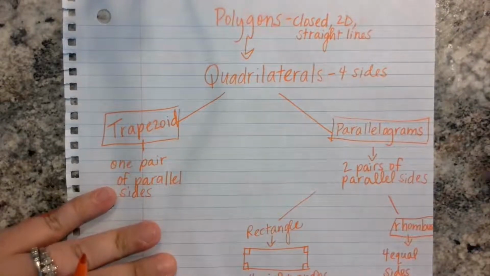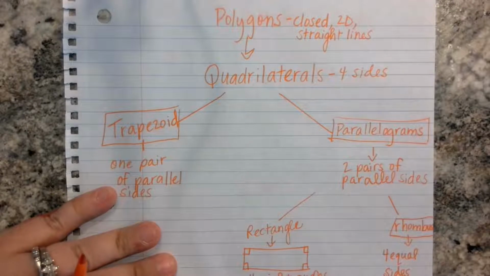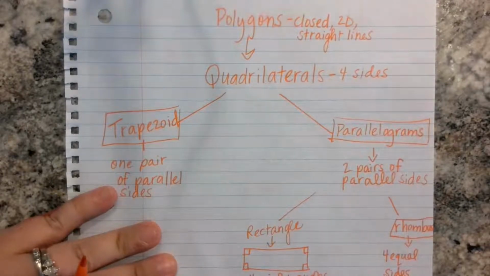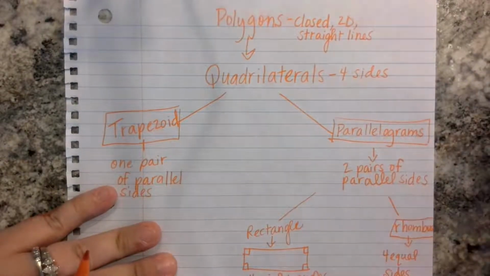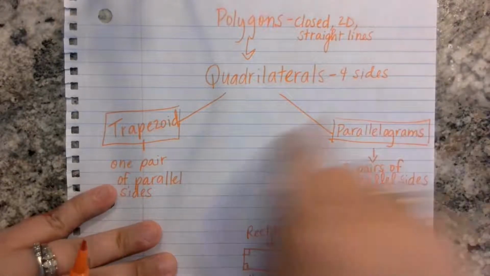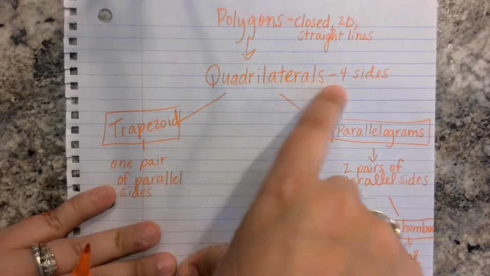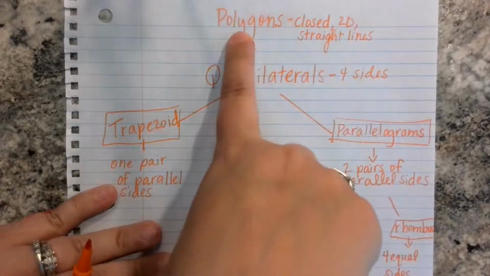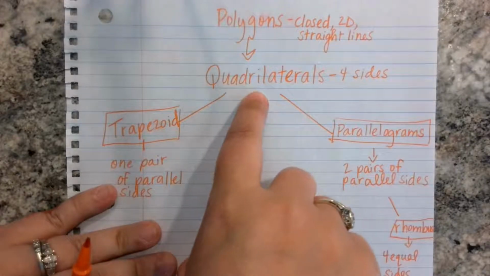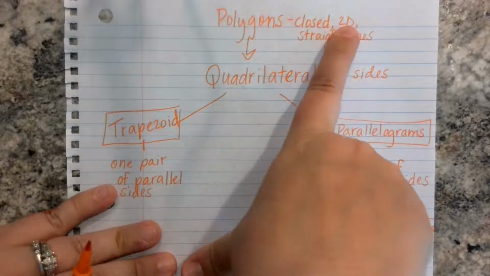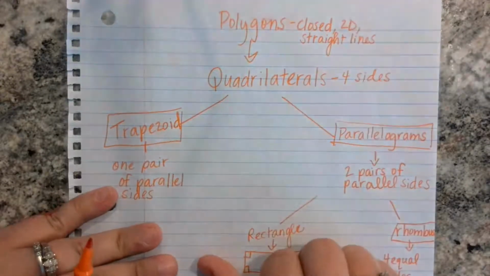So triangles, quadrilaterals, pentagons, hexagons, heptagons, all of those are named by how many sides they have, okay? Then we can get even more specific and we can talk about quadrilaterals. So that is any four-sided polygon. So it's a four-sided figure that is 2D, has straight lines, and it's closed, okay?